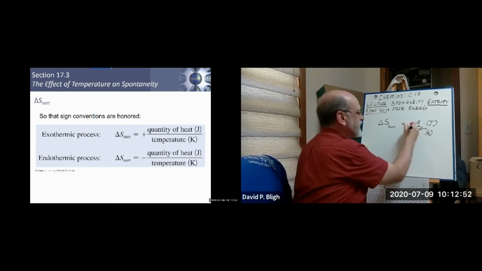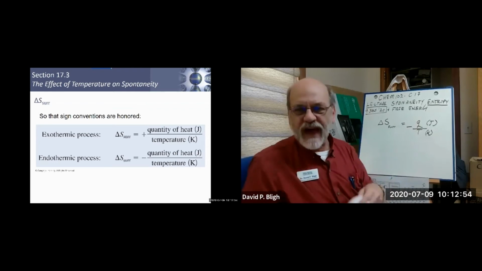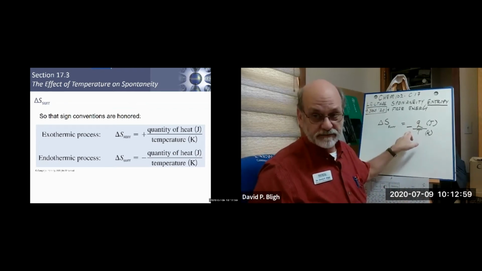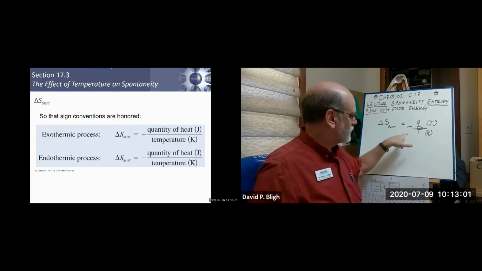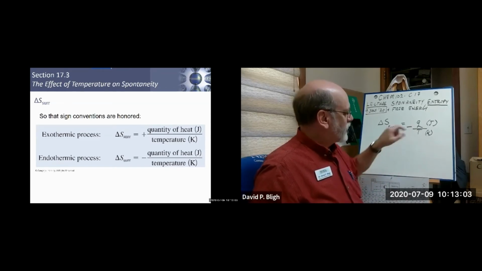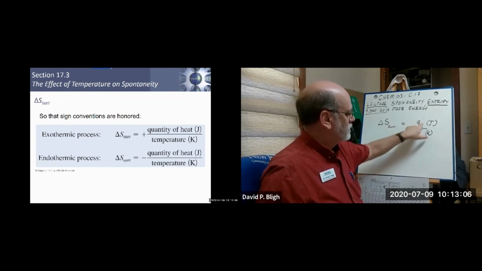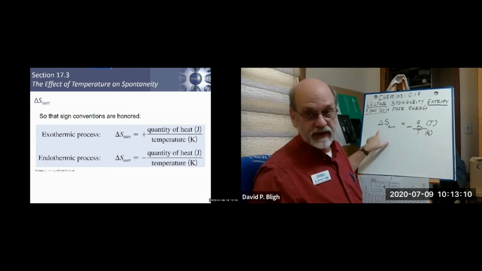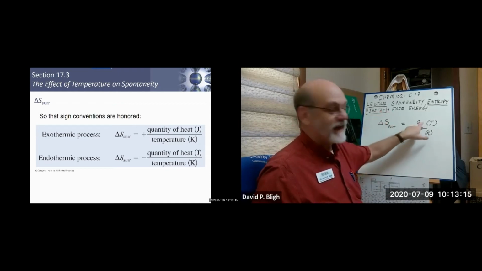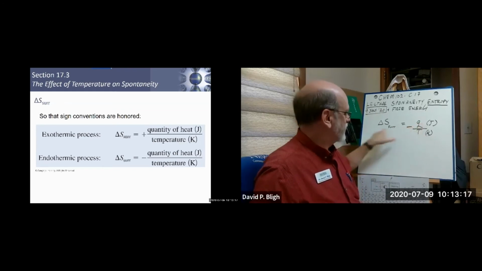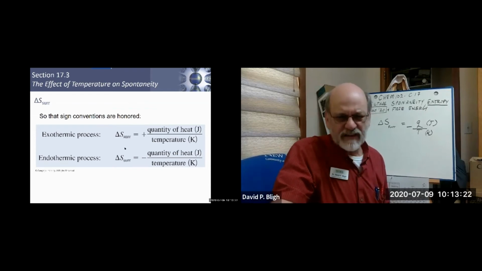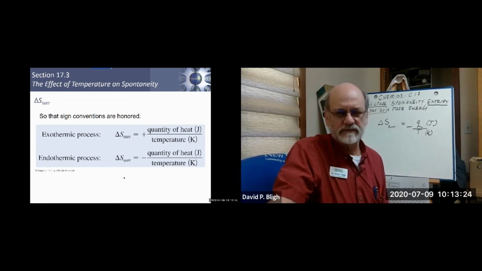In order to maintain sign conventions, we need a negative sign in front of this. So that means if this is exothermic, it's negative, times a negative is a positive. So that gives us a positive delta S for surroundings. If this is endothermic, then it's positive, and that gives us a negative sign here. That slide's not a good explanation.